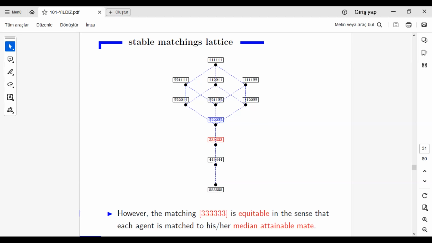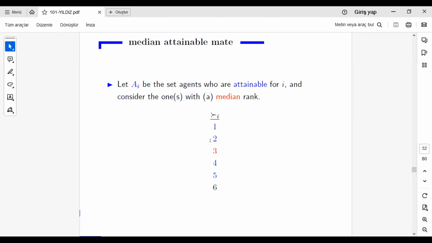In this case, unequivocally, there is a matching where every agent gets his or her median or middle candidate. But the median stable matching misses that.